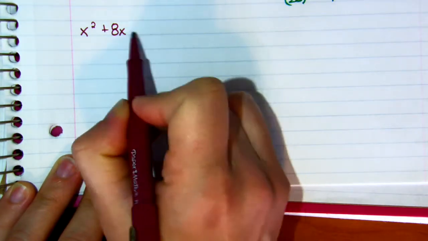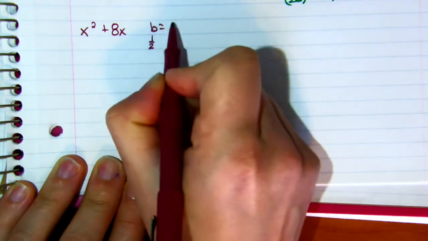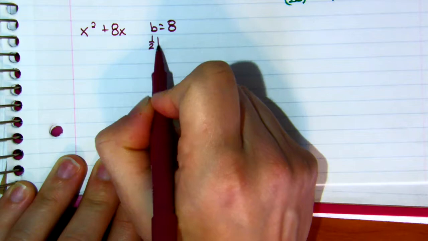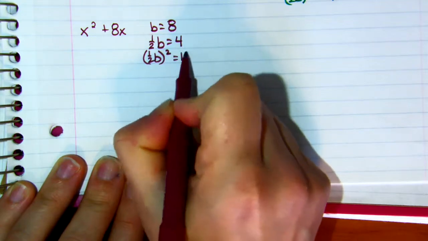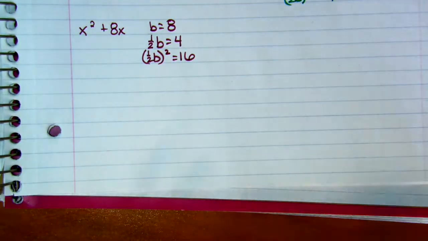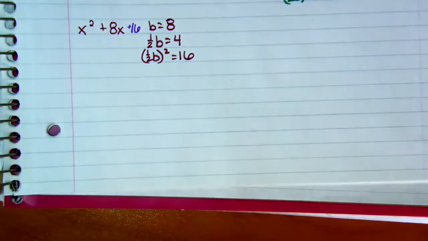We're looking for the c term. So I need to take half of b. b is 8, half of b is 4, square that, and I get 16. So that tells me that this needs to have a plus 16 on the end in order for it to be a perfect square trinomial.